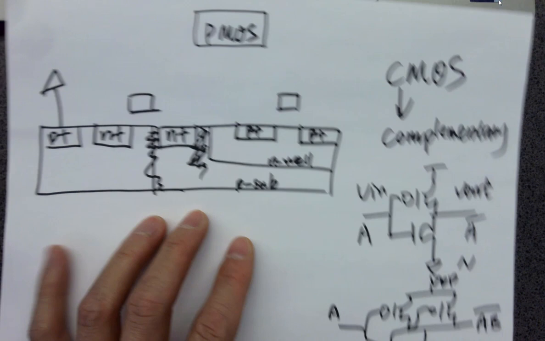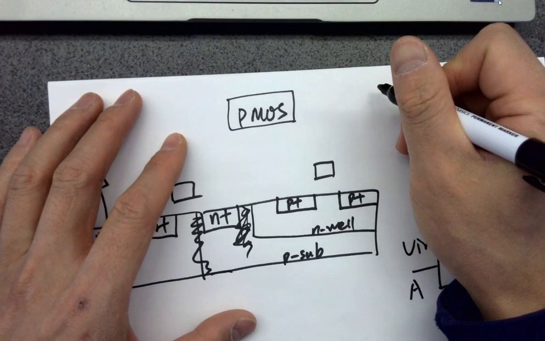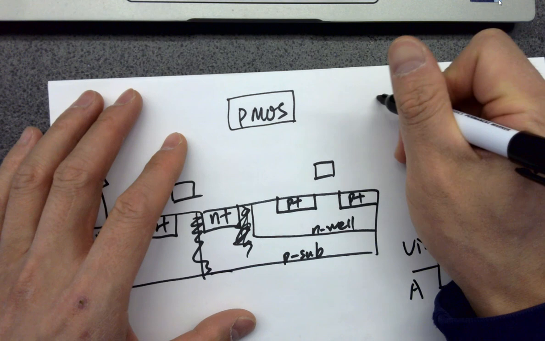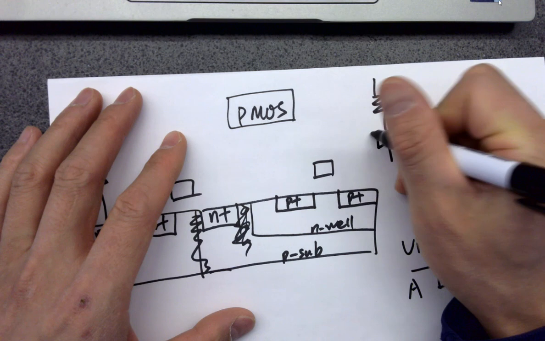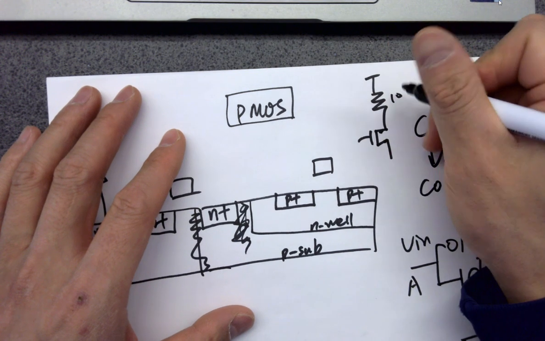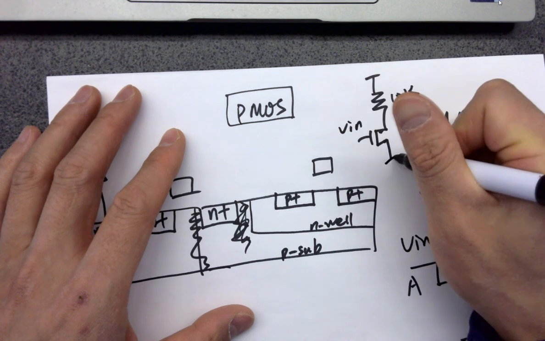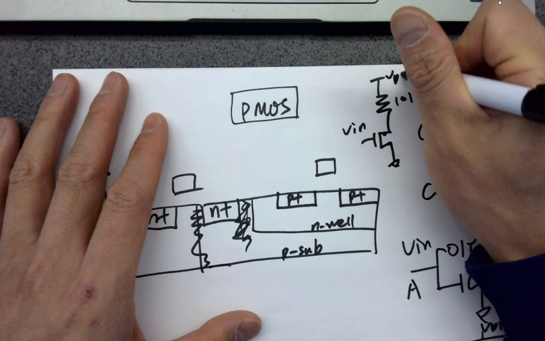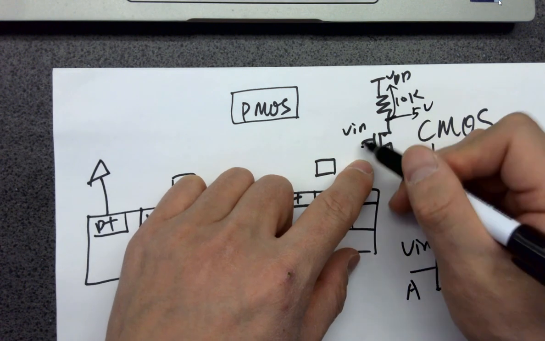In the old days, they used NMOS logic, in the 1970s or earlier. They used a resistor and NMOS to form an inverter. Why? Because they're using pull-up resistors to VDD. If you turn off this transistor, the output is pulled up to VDD. This is getting 5 volts, right?